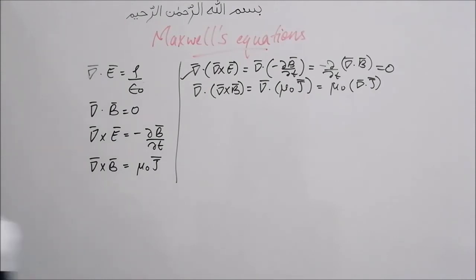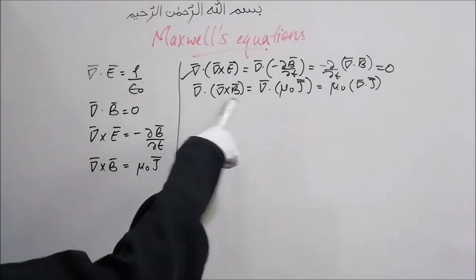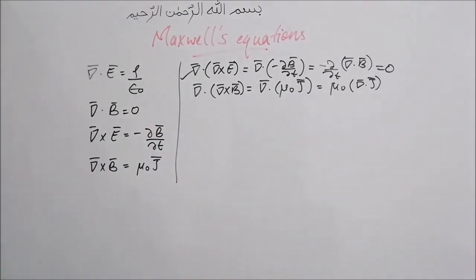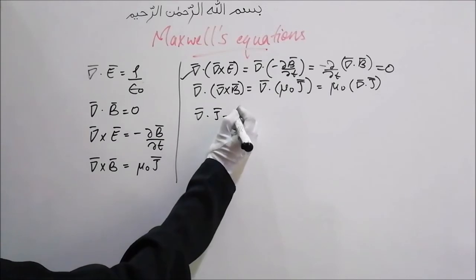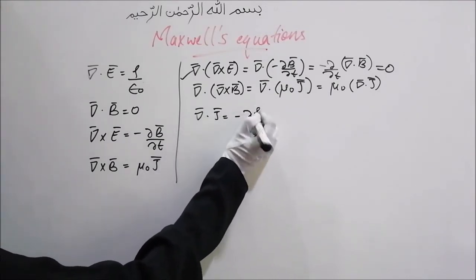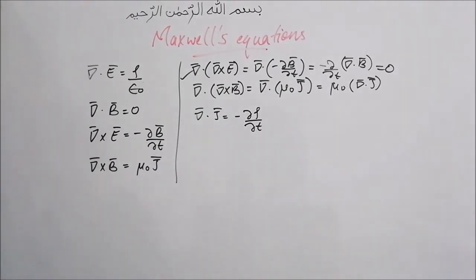For non-steady currents this is not equal to 0. Therefore Maxwell modified this Ampere's law because this value should come out to be 0 for all types of cases, right? So Maxwell modified this Ampere's law by considering the continuity equation, which is del bar dot J bar is equal to minus del rho by del T.